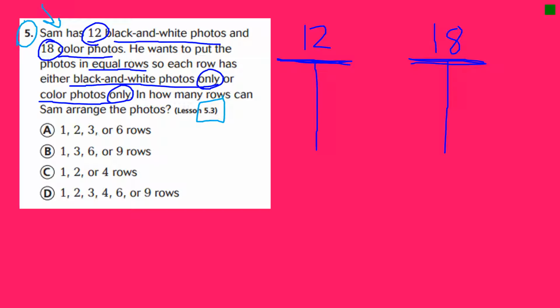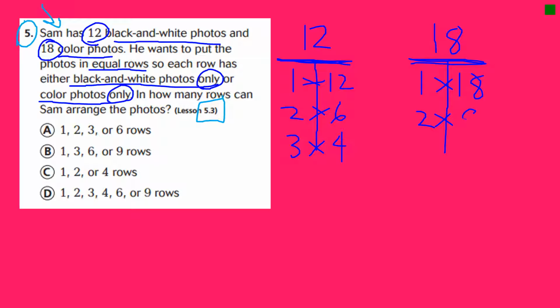So let's start here. Factors of 12. 1 times 12, 2 times 6, 3 times 4. I always like the number 12 because it's such a small number, but it has so many factors. I enjoy 12. 1 times 18, right?